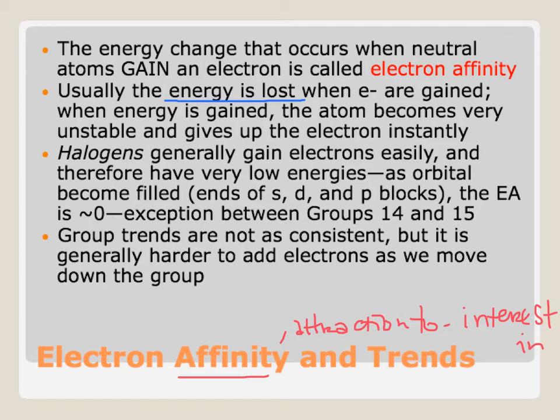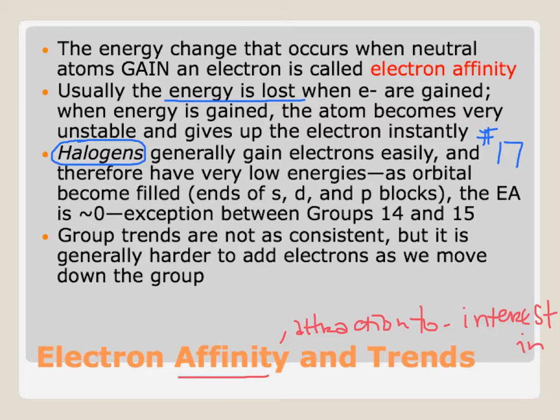The group that has the highest electron affinity is the halogens. This is group 17. They have 7 valence electrons, which means that their p block is almost full. All of the elements in this group have something p5 as their electron configuration, and they really want to have that p block be full.